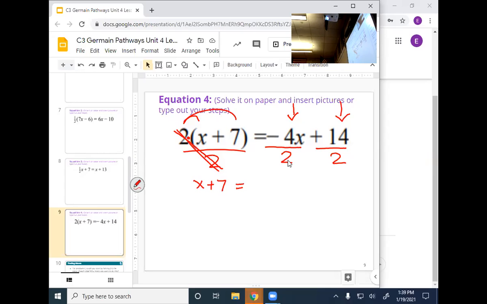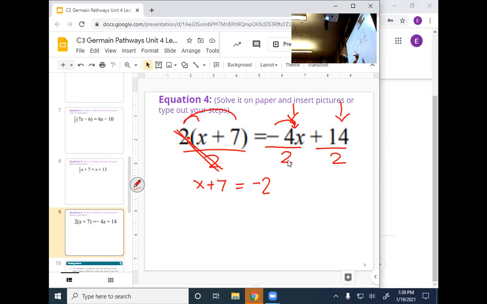Now we need to use those big math brains. -4x divided by 2 is how much? Remember, the negative sign is attached to everything to the left. So -4x divided by 2 is going to get me what? What kind of 2? A negative, because a negative divided by a positive is a negative. -2x.